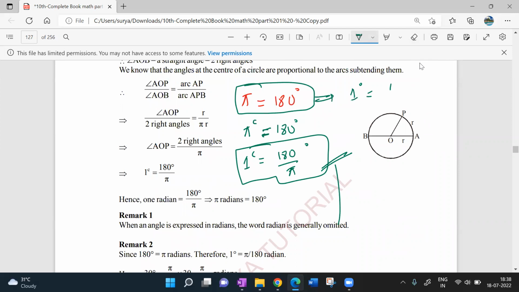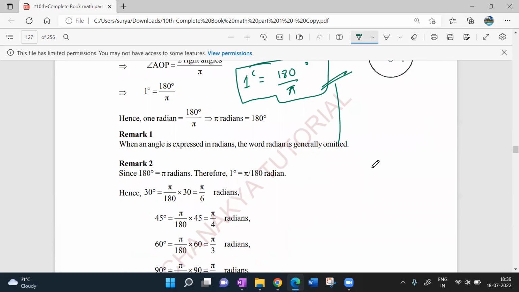Pi by 180 radians. 180 degrees means pi radians, then 1 degree is nothing but pi by 180. Are you able to understand? It's just shifting to that side.